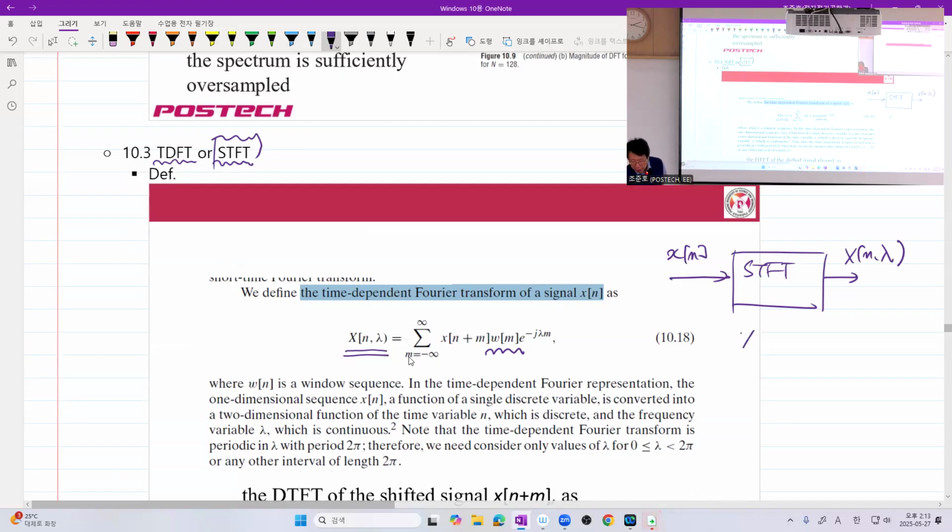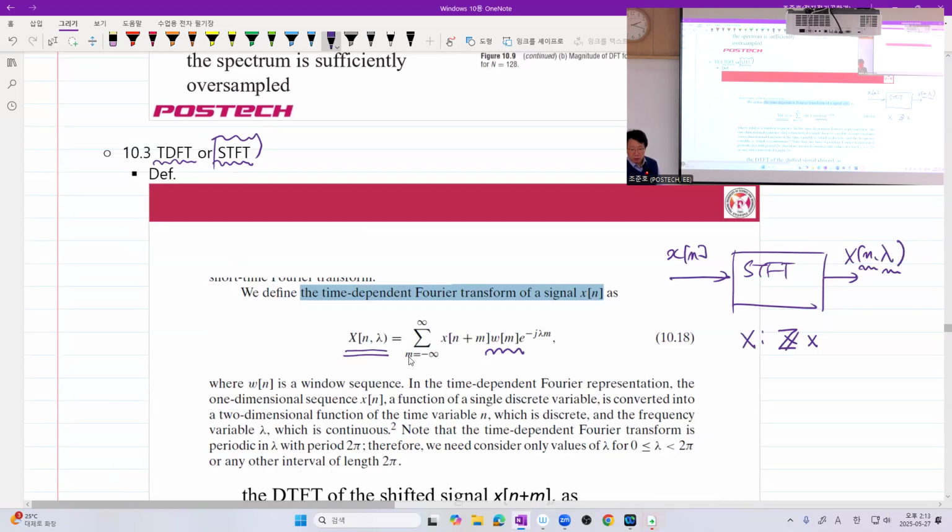And remember, X is a two-parameter function. And let me ask you, what is the domain of this function capital X? First, n can be any integer. So we have the set of all integers Z. And here comes the set product. And what is lambda?